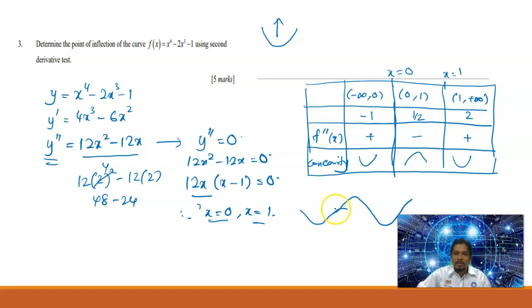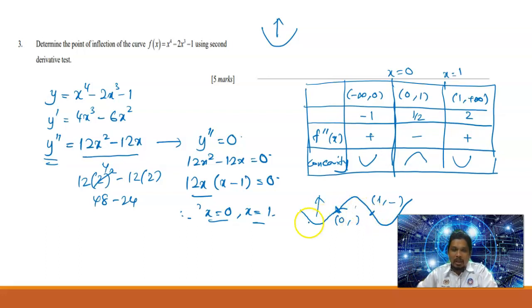The point of inflection here at x equal to 0 and y equal to something, and here is 1 and something. So we're going to find out what is the point of inflection. Inflection means the change from the concavity facing up to facing down. So this is the turning point between facing up and down.